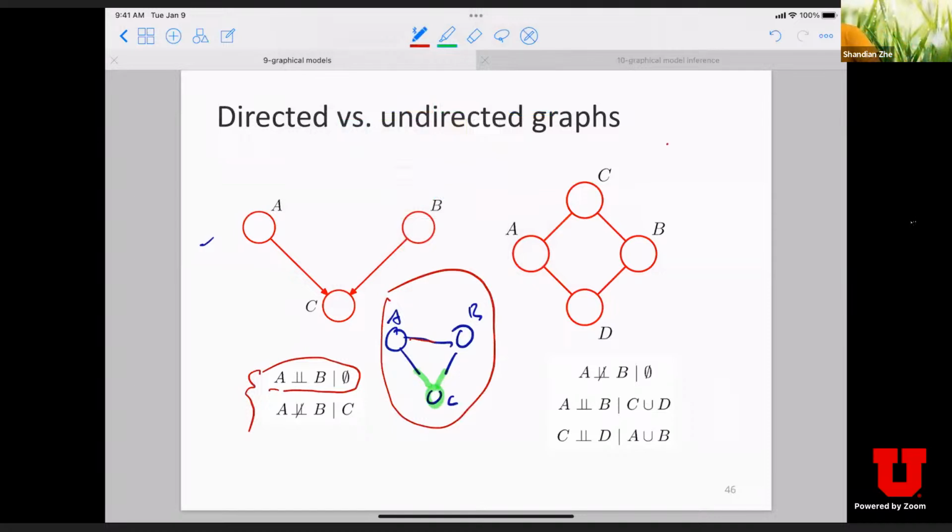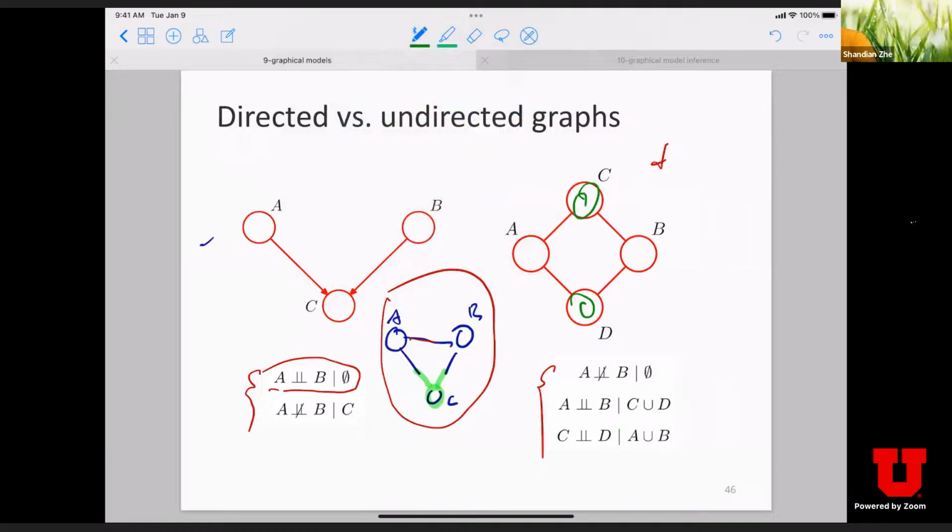On the other hand, if you look at this undirected graphical model with A, B, C, and D, we can get 3 results. First, A and B are independent. Second, conditional on C and D, A and B are independent.